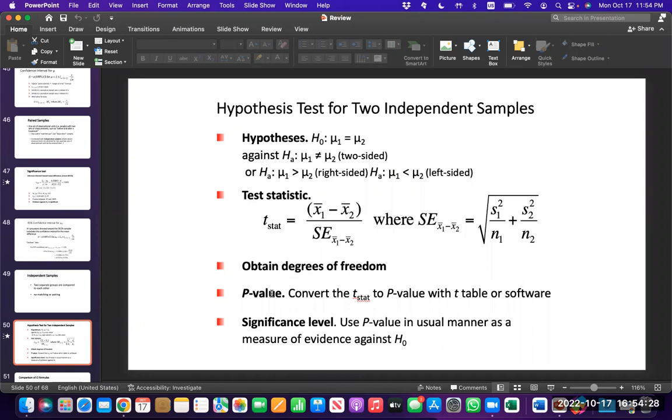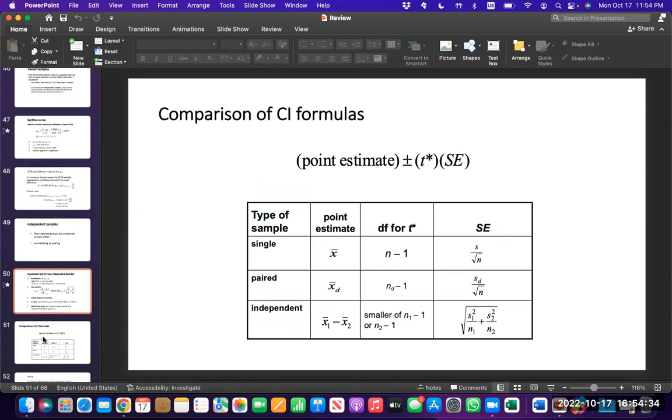You get degrees of freedom. By that, you can calculate the p-value and do hypothesis testing. So here's an overview of those formulas. It's important to keep in mind and to help yourself to be able to distinguish between those parts.